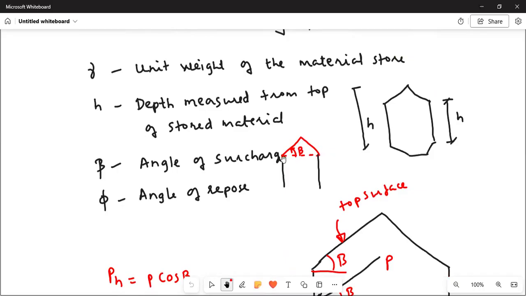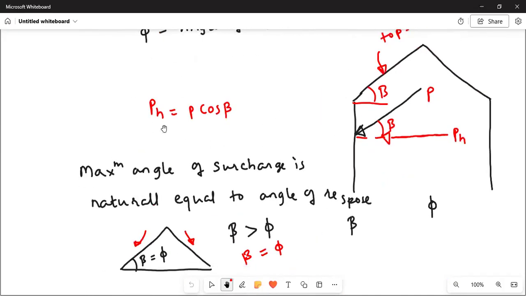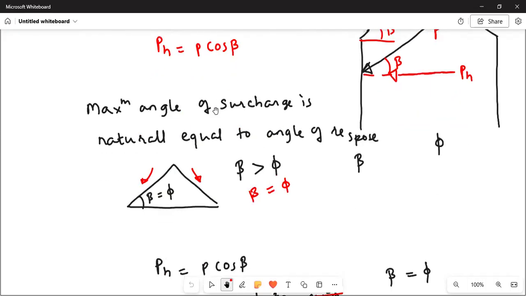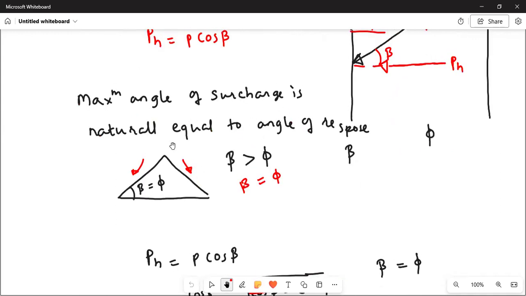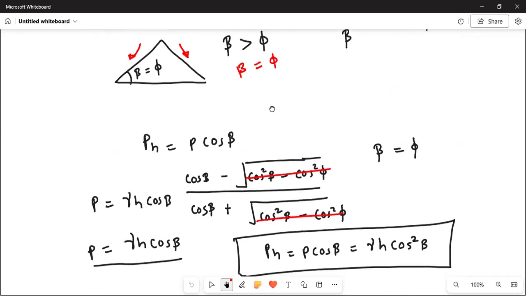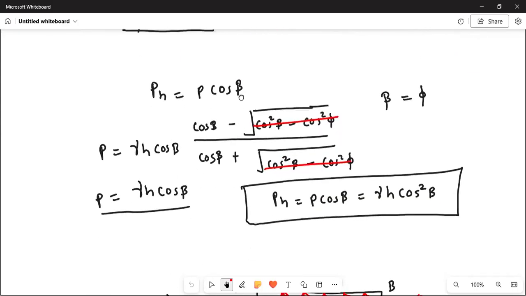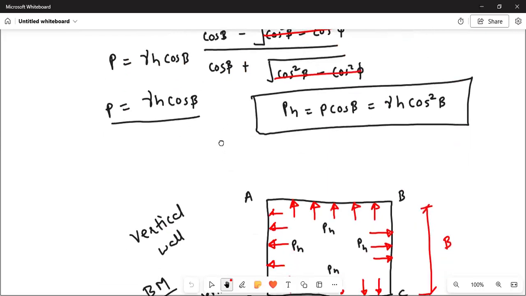It comes in this shape, and whatever angle that material creates with respect to the horizontal surface, that is beta. And this is the formula of p. We need ph, since p is inclined and we need the horizontal component. So ph equals p cos beta. The maximum angle of surcharge is naturally equal to the angle of repose. So beta is equal to phi. This is what we discussed in the previous class.